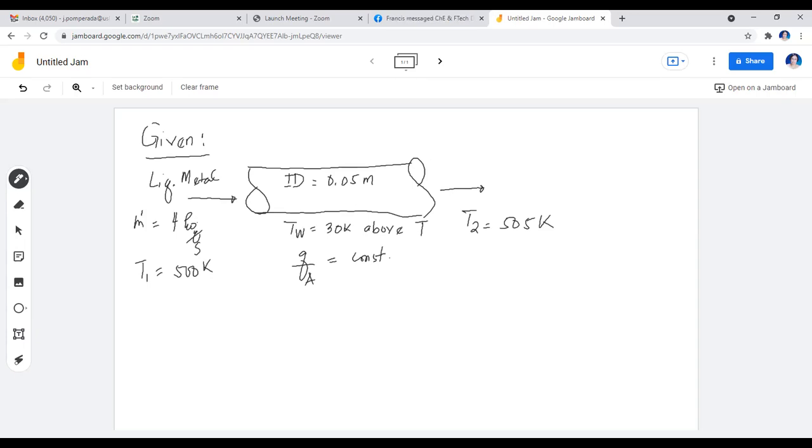Okay, now you're given also the properties of the fluid. So I'll just write them all in here. Then you have the density. Then we have the heat capacity or the specific heat capacity. I think I need to erase this one here.